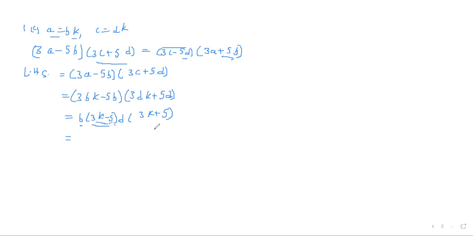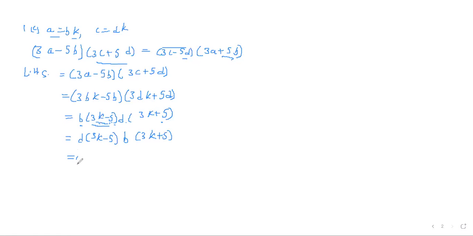And if we multiply this B with the second bracket, it is giving plus 5B. So interchange the places of B and D. D should be written with the first bracket, as in multiplication, on changing the order, the product remains the same. So D is written with the first bracket and B is written with the second bracket.